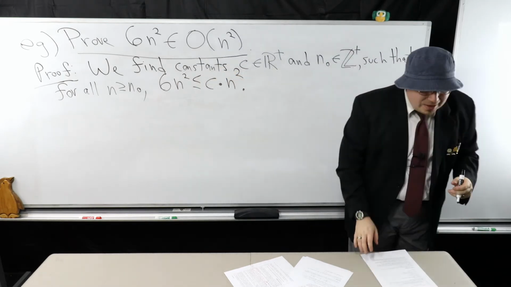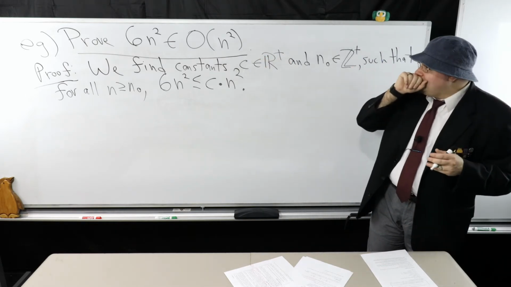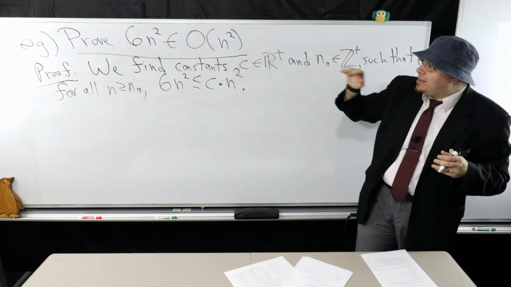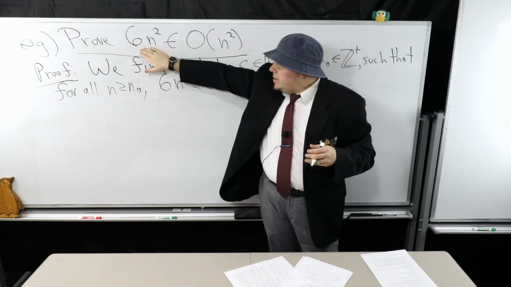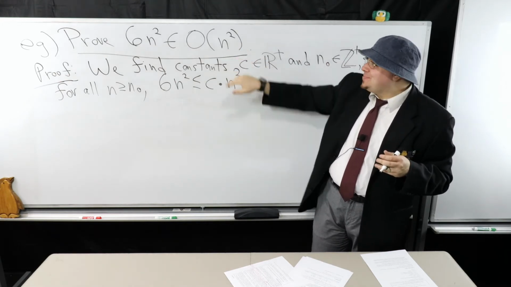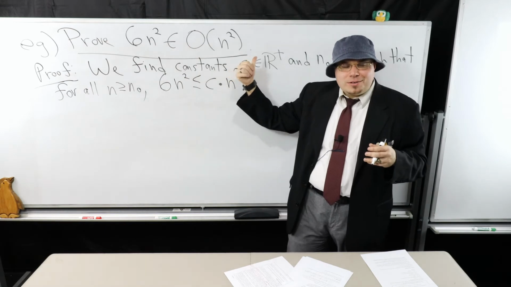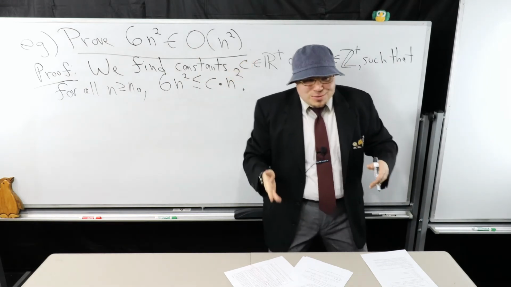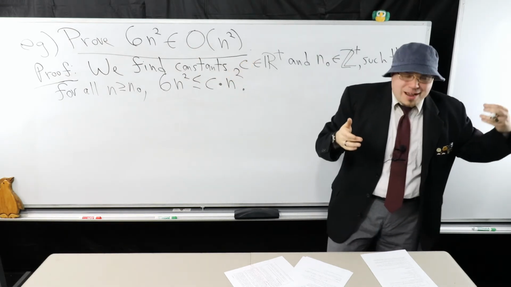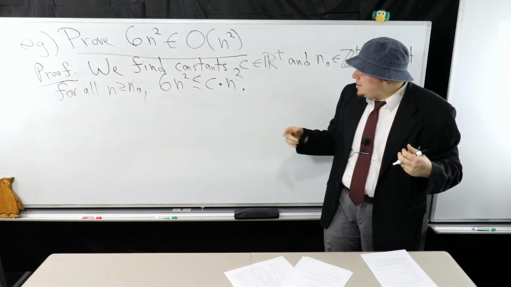With this type of problem, I would usually recommend trying to make the thing on this side look like what's over here as much as you can. So if it's 6n squared, and that's n squared, can I make 6n squared look like something that's c times n squared? Well, I'll give you a tip.